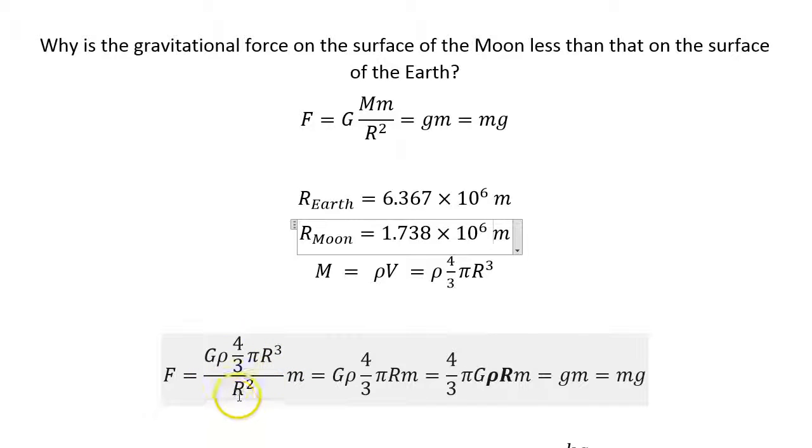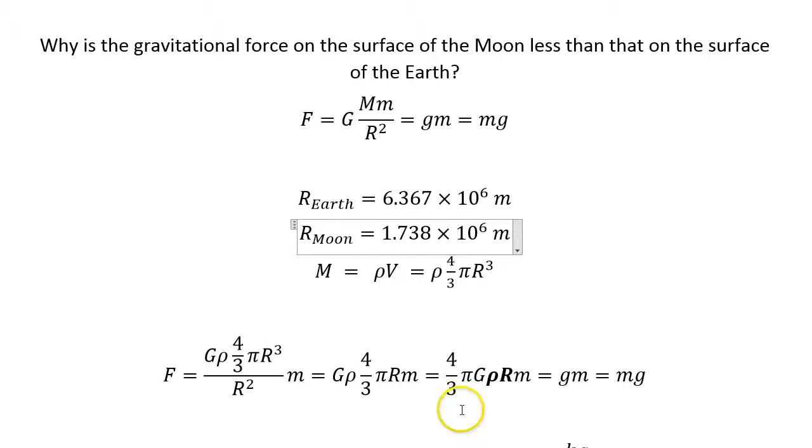Now if we cancel the r's, we see that the r cubed over the r squared gives you r. And so the force of gravity, for a body like the Earth or the moon or Saturn or what have you, depends on the first power of the radius. And it also depends on the density.